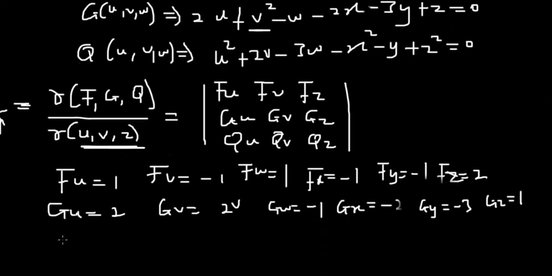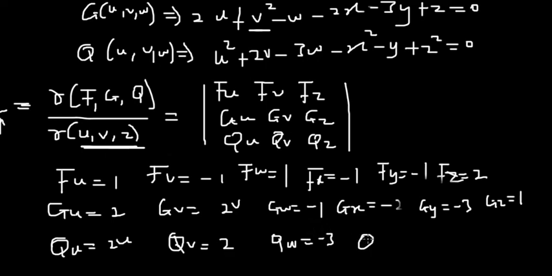Z, and then let's look at q, okay? So q of u will give us 2u, q of v will give us 2, okay? q of w will give us -3, okay?